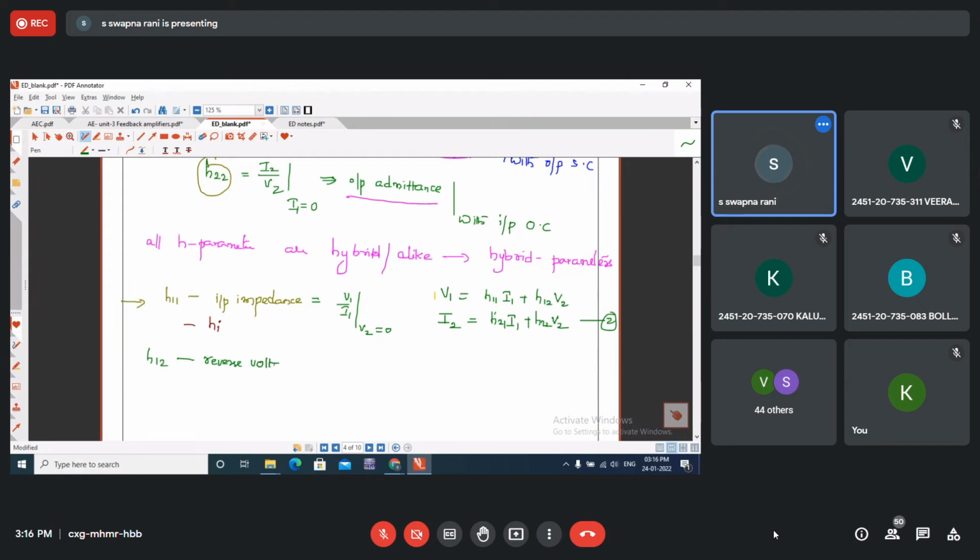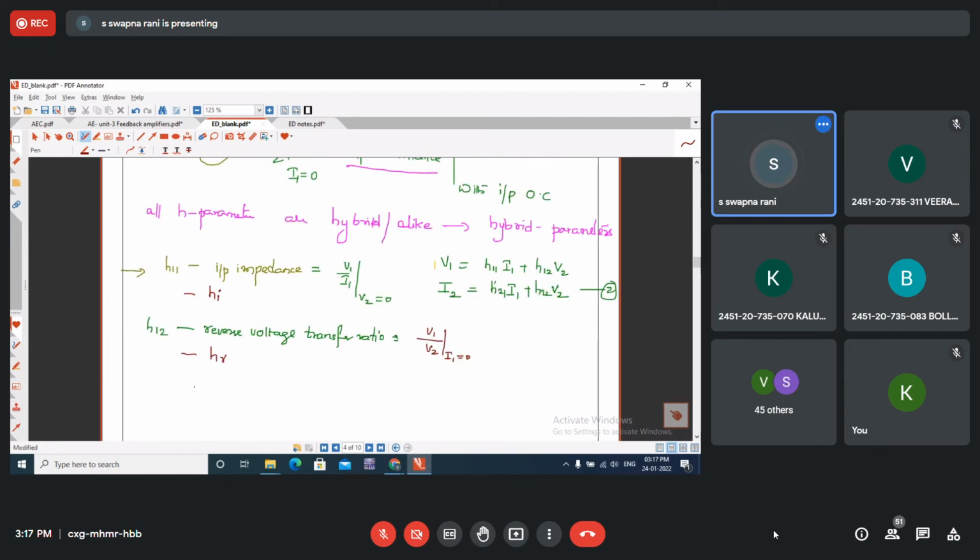How did we get H12? H12 is V1 by V2 with I1 equal to 0. So from now onwards I am going to call this H12 as HR, the reverse voltage transfer ratio.